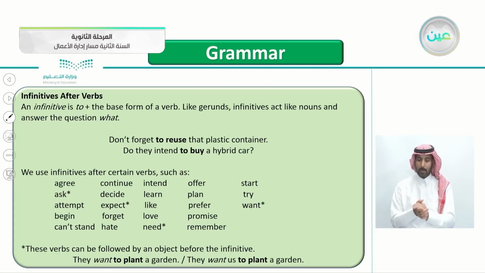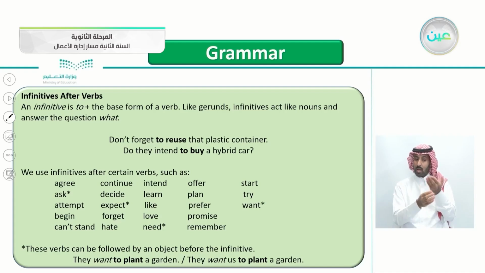Of course, you can notice that there are some verbs here that are also in the gerund list, so you can choose. For example, like, love, hate, intend, and so on. Some verbs are shared with the gerunds or the infinitives. And these marks, the stars, show verbs that can be followed by an object before the infinitive.